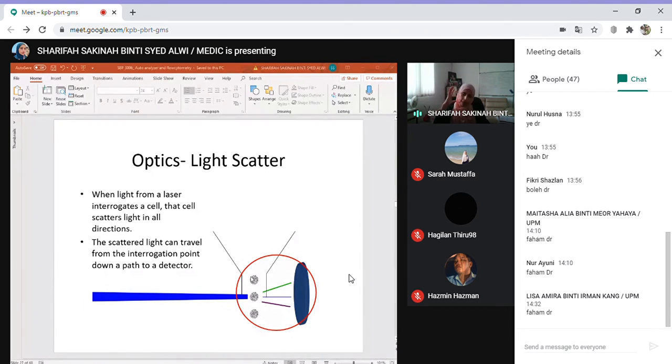Why? Because if the photomultiplier fails to catch all the light, it cannot convert it into a scatter plot.